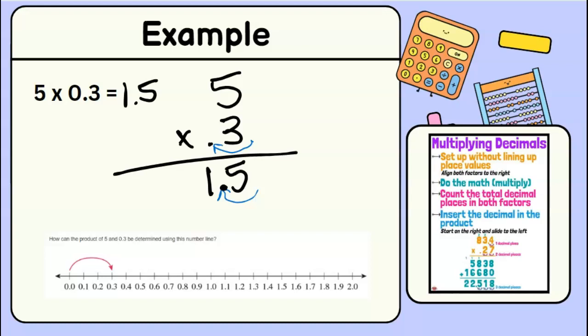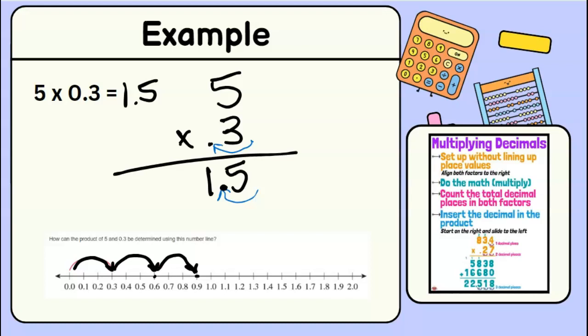How this would look on our number line is we would be jumping 0.3, or 3 places, 5 times to get my answer. So here I have jumped to 0.3. I'm going to count 1, 2, 3 spaces. Jump again, 1, 2, 3.